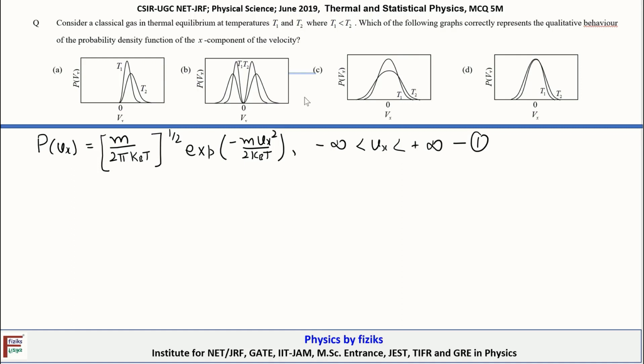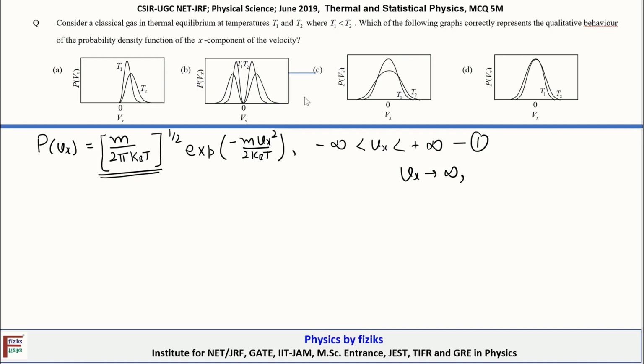Now let's try to understand the qualitative behavior of the probability distribution function in one dimension. Let's see what happens when Vx approaches infinity. The prefactor is a constant quantity, and it depends simply upon the mass of the gas molecule and the temperature at which we are working.